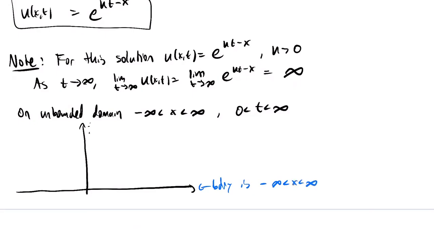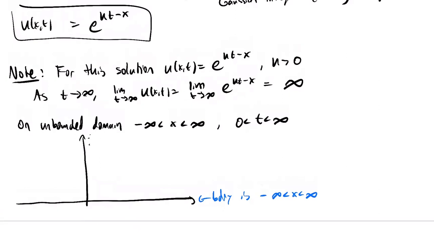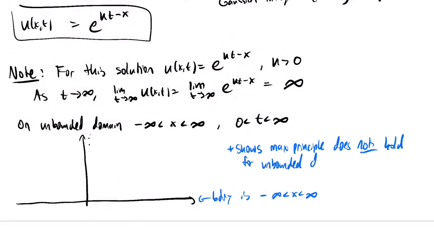Right, and so you can ask yourself, is there an analog of the maximum principle for unbounded domains? What this example shows is that the answer is no. So this example shows there is no maximum principle for unbounded domains. Why is this?